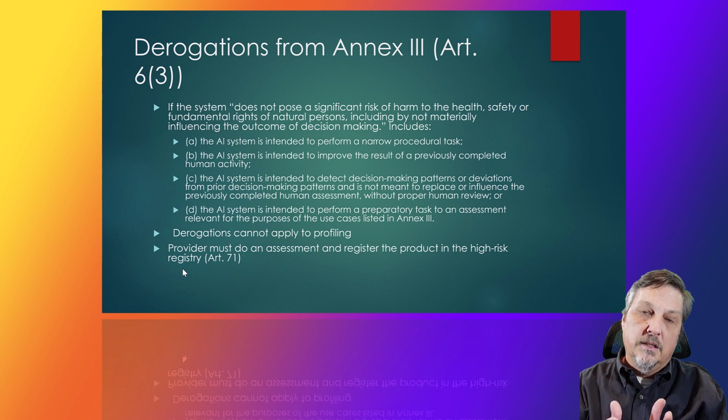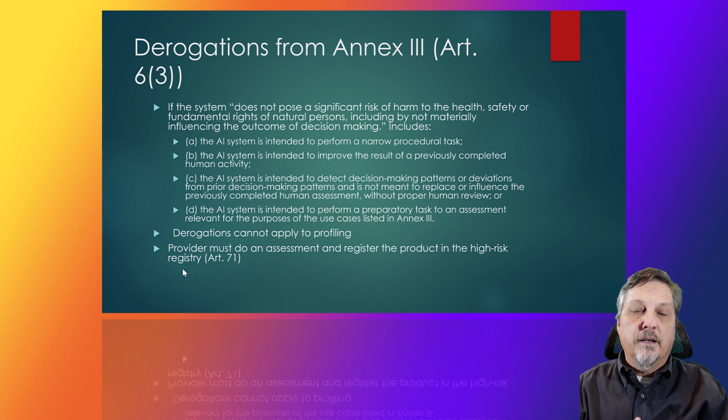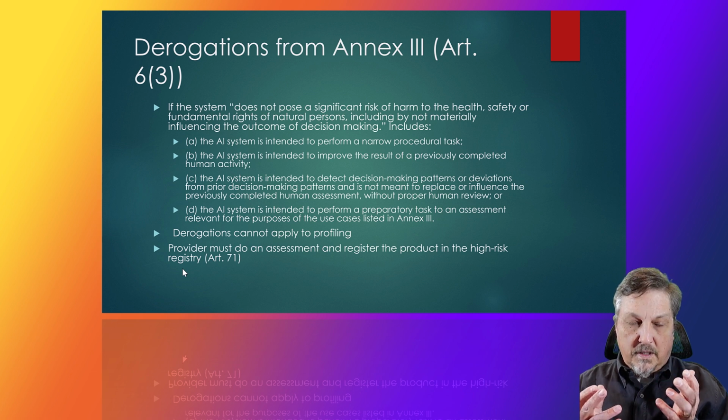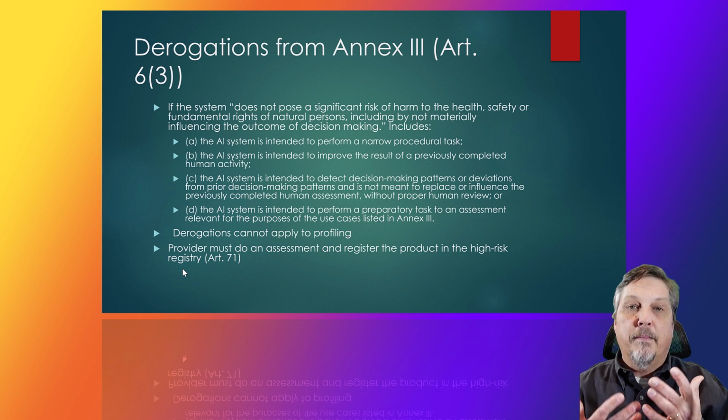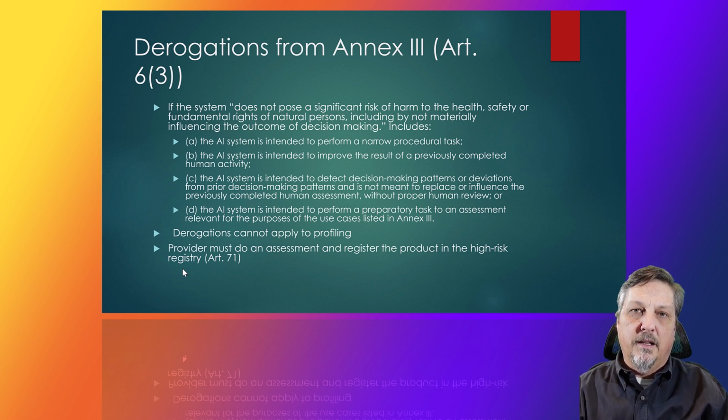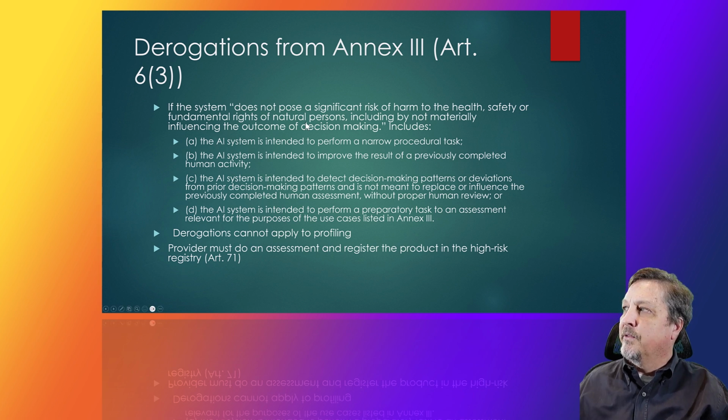Now, if a system does fall into one of these categories in Annex 3, the provider can obtain a derogation, that is an exemption or an exception from considering the system as high risk under Annex 3. And there's a process for doing that outlined in Article 6, Paragraph 3.